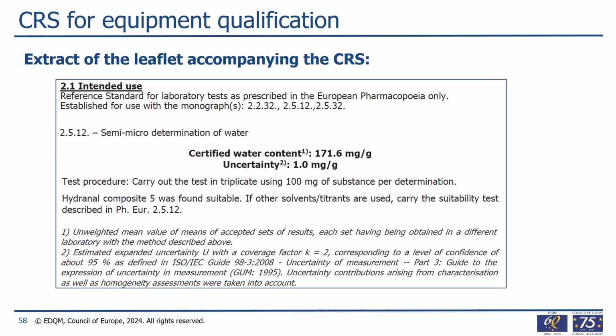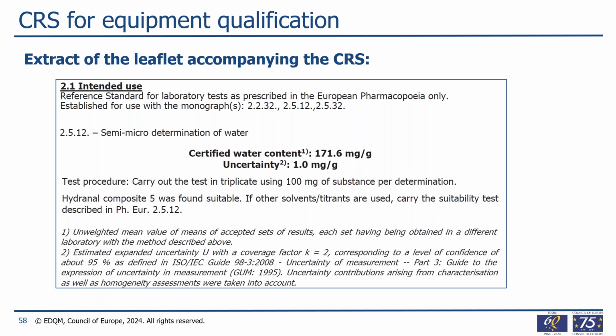The test procedure, certified value, and uncertainty are stated in the leaflet of the reference standard, but it is up to the user to define suitable acceptance criteria. Because again, as I explained earlier, this depends on the methods you want to use and the materials you want to test.